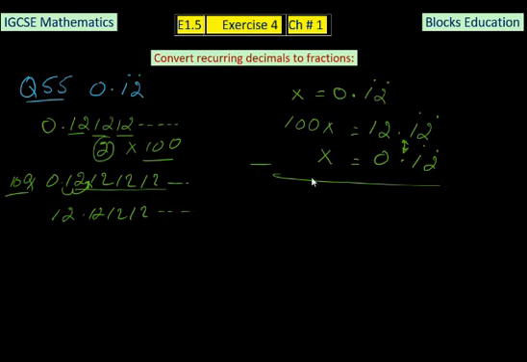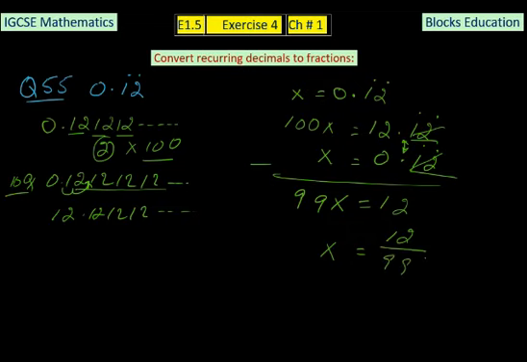So 100x minus x is 99x, right? And that equals, see, this 121212 and this 121212 will cancel out. We are subtracting, so this will cancel out, and 12 minus 0 is 12, and you are left with x equals 12 over 99.